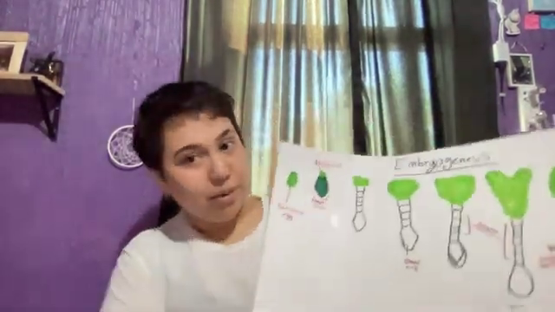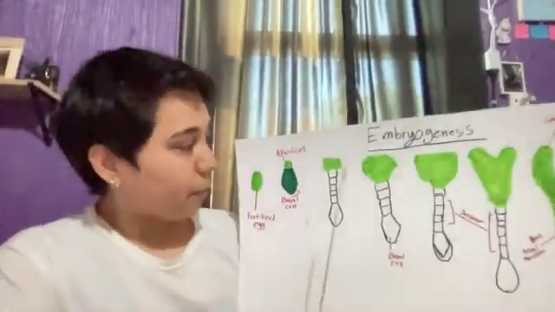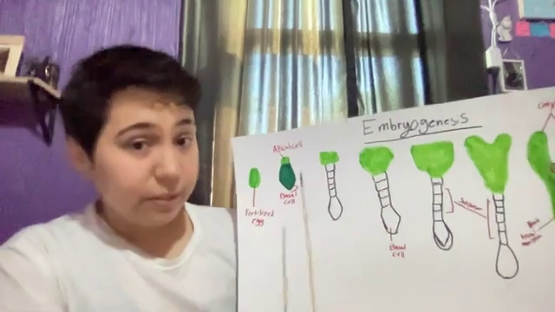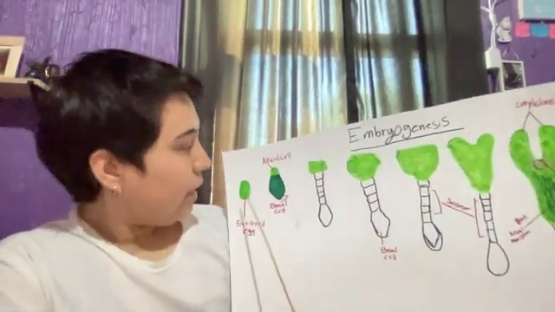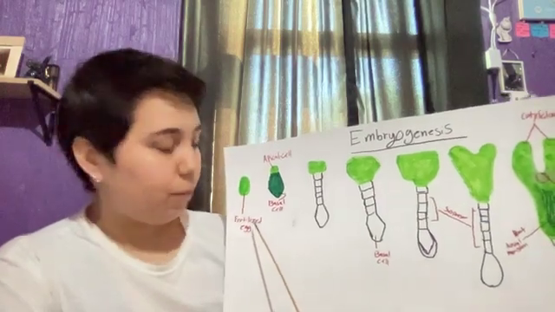And then for the third question, I have to explain embryogenesis. My diagram's kind of big. The other part is on another sheet of paper. But basically, with embryogenesis, we start out in the zygote stage, which starts out with the fertilized egg.